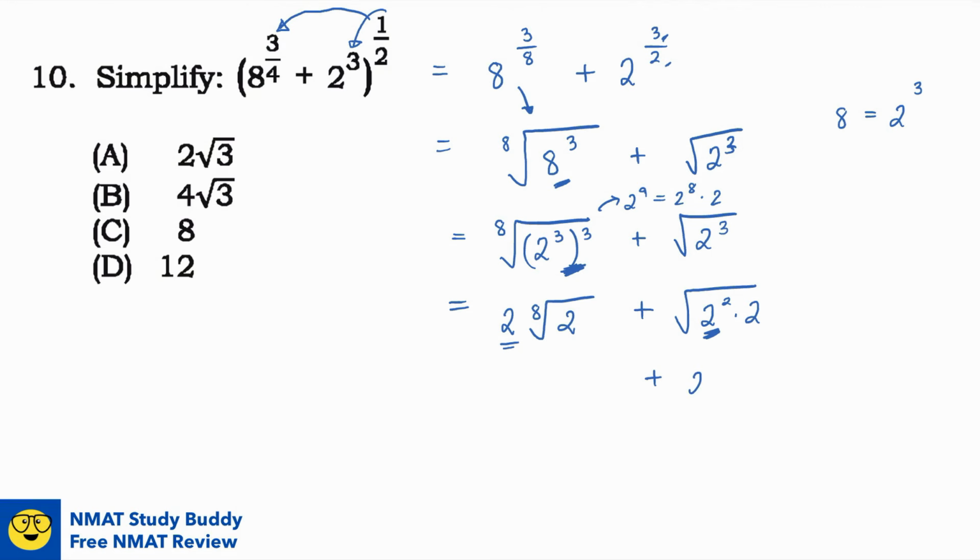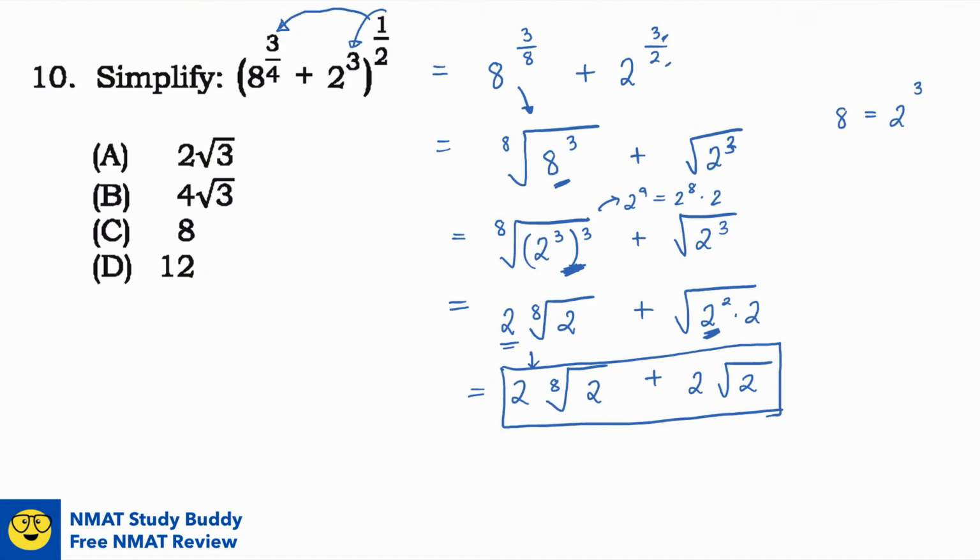So, magiging siyang 2 square root of 2 plus, ibaba lang natin to, which is 2 8 root of 2. So, ito na yung final answer natin, which is wala sa choices. According to the choices, yung sagot daw dito is letter A, 2 square root of 3. Pero I think mali yung sagot sa answer key.